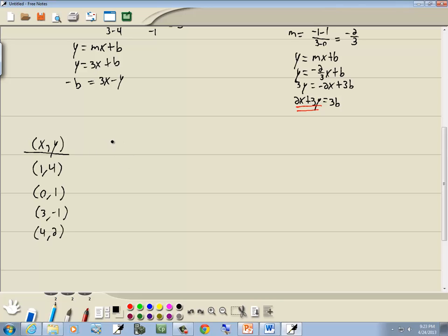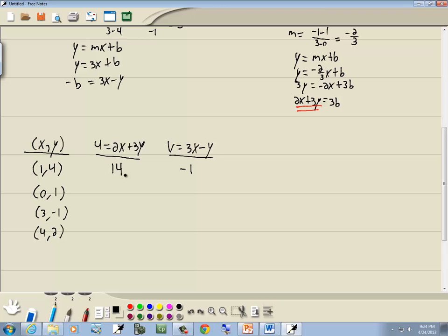And then we've got our u, where u equals 2x plus 3y, and we've got our v, which is 3x minus y. Well, if we plug this in for x, this in for y, we get 2 times 1, which is 2, 3 times 4, which is 12. So that gives us, what, 14? Let me double check that. 2, 12, 14, yeah. Now if I plug 1 and 4 in here, I get 3 minus 4, which is negative 1.